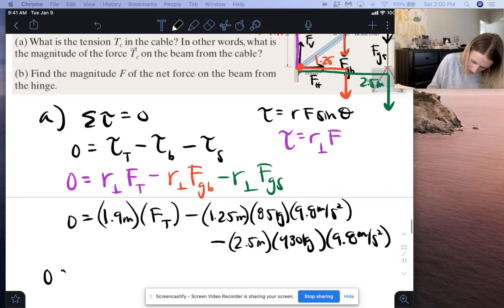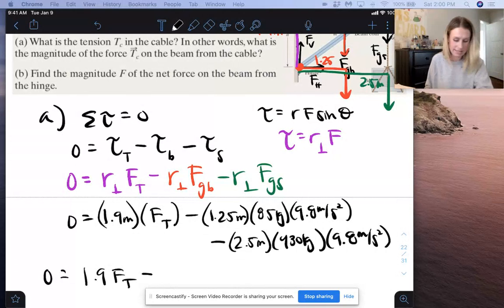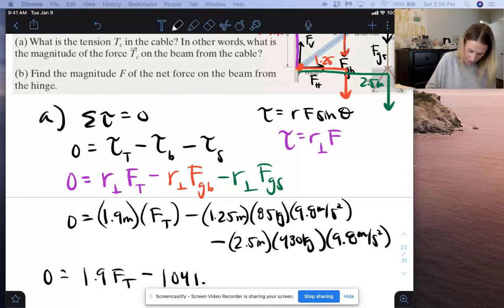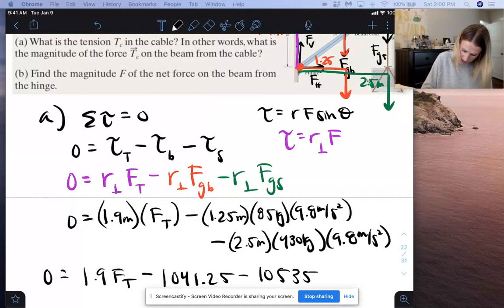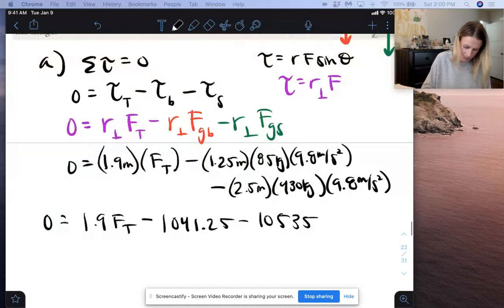So here we get 1.9 times force of tension minus 1.25 times 85 times 9.8, which is 1,041.25, minus 2.5 times 430 times 9.8, which is 10,535. Those are both newtons.